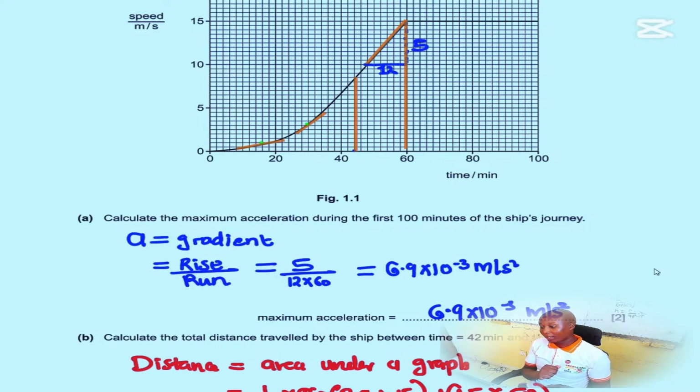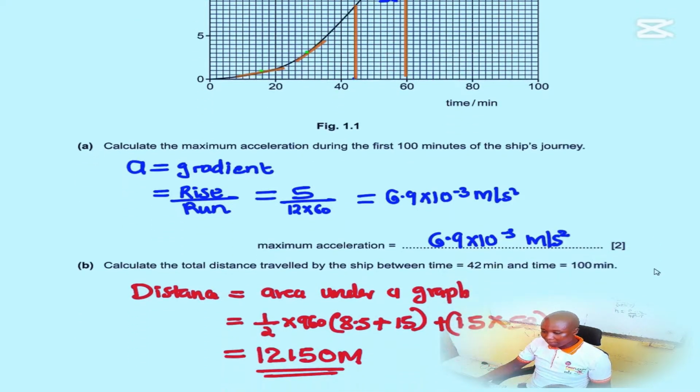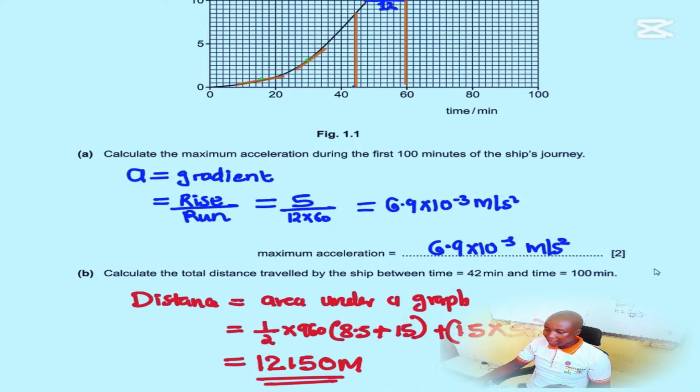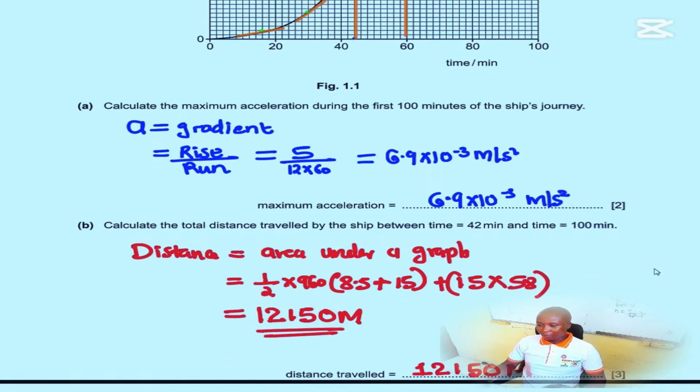per second squared. And we were supposed to calculate the total distance. And I mentioned that from a velocity time graph or this speed time graph, if you work out the area under the graph, it means the area under the graph represents the distance covered.